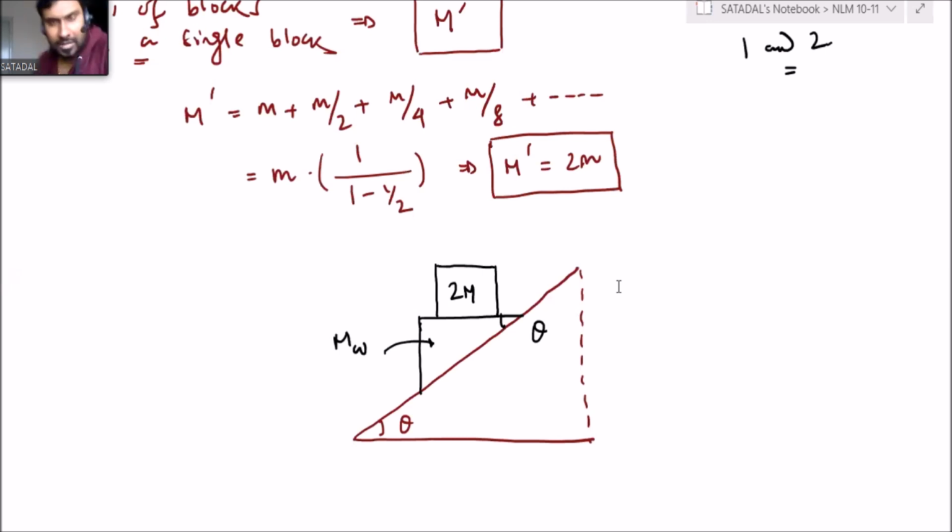It's a mass scalar factor. Oh, okay. It is decreasing by a factor of half. That's it. Okay, sir. I had thought like that, sir.